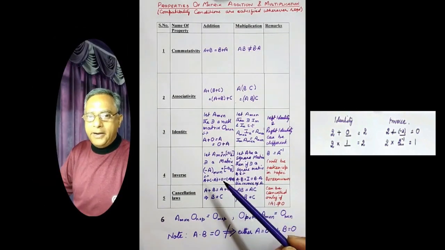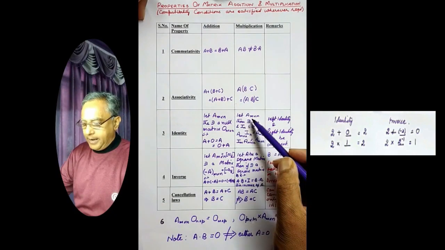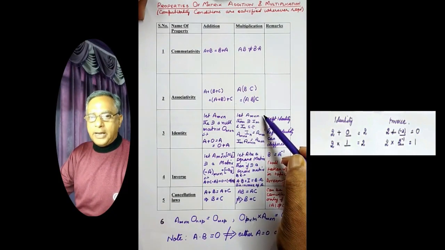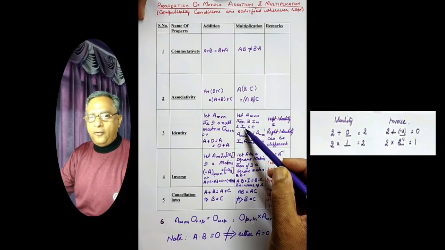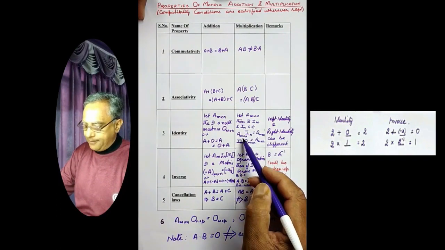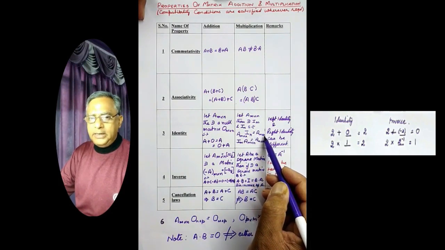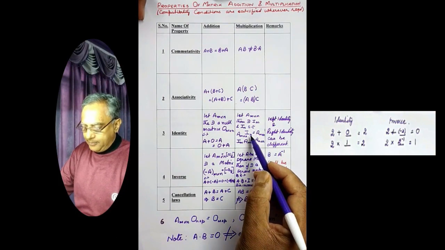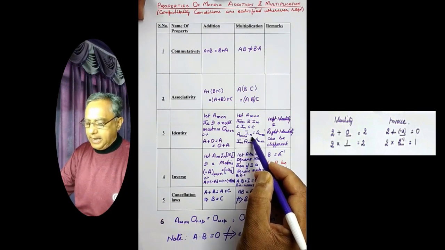I have already explained identity and inverse. Let A be any m cross n matrix. Then there exists an identity matrix of order m and an identity matrix of order n such that A m cross n into I n is A m cross n. I n is n cross n, so the compatibility condition is satisfied and we get the result as an m cross n matrix.